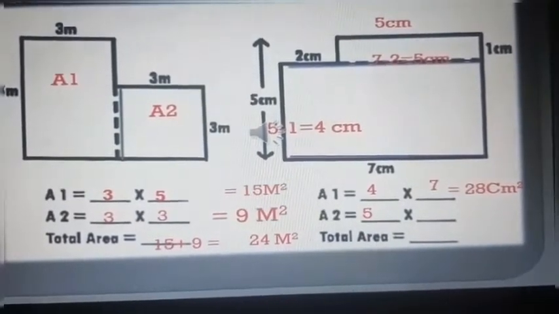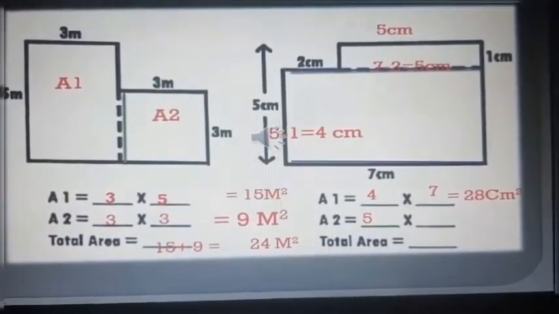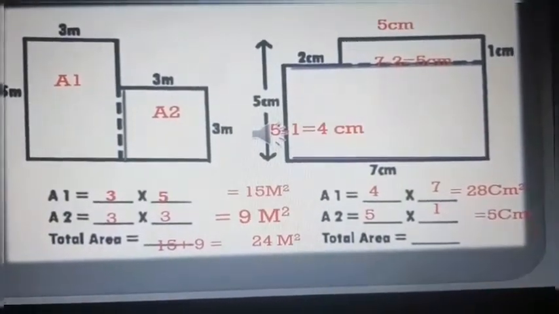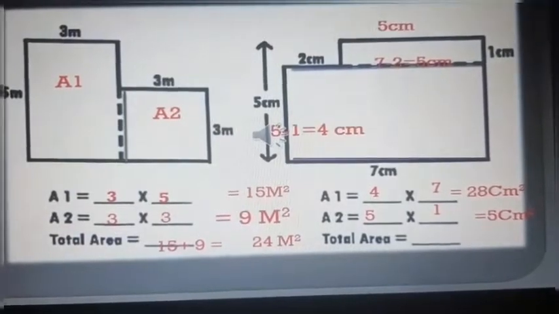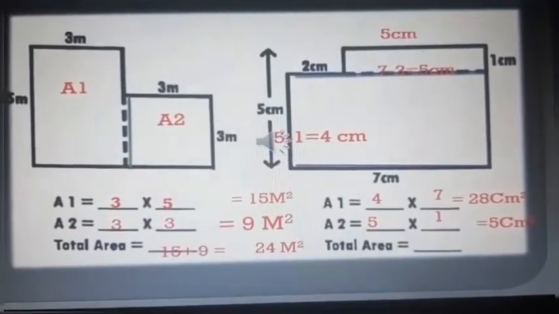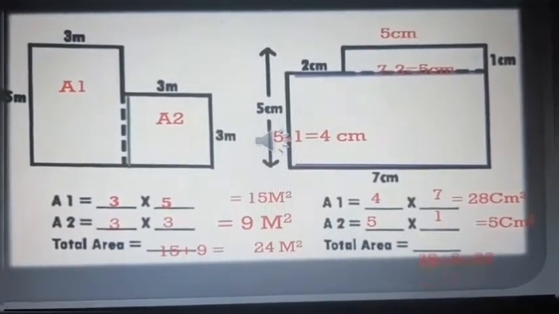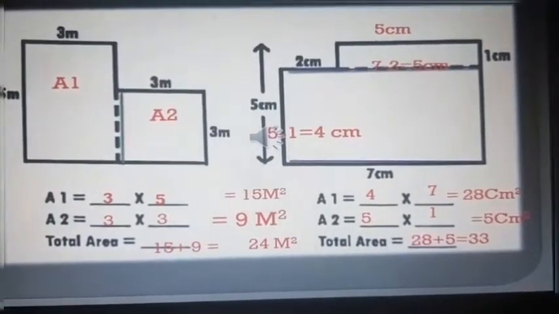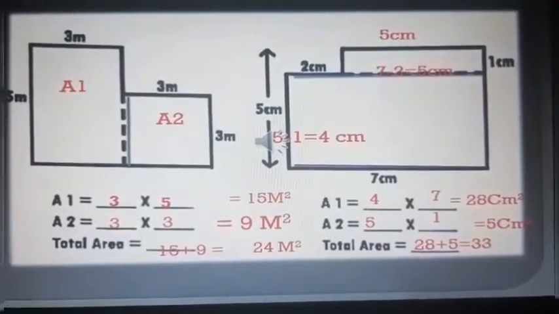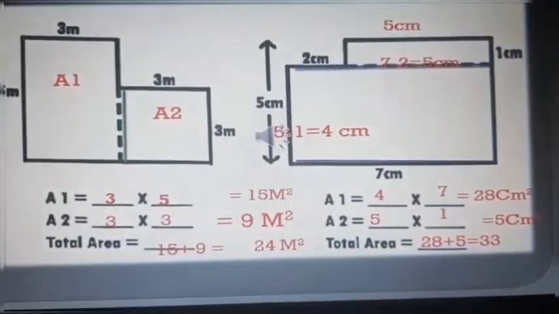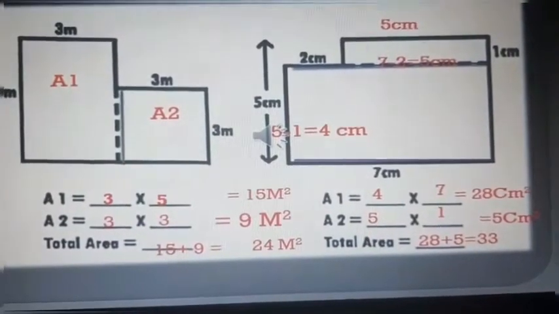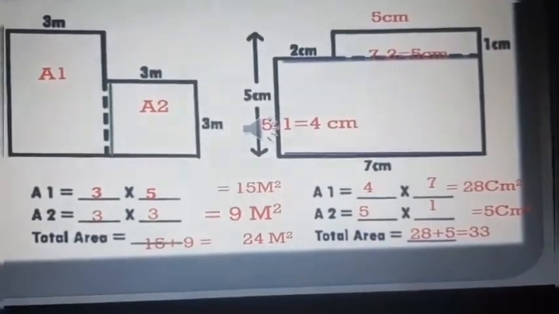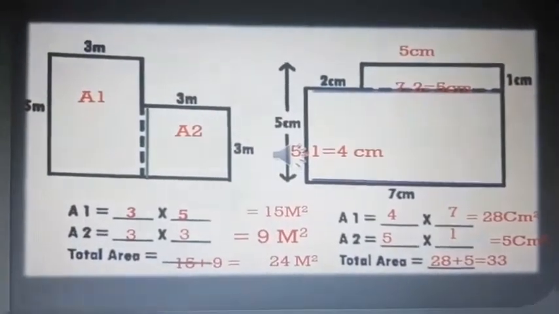For area number 2, the 2 dimensions are 5 and 1, so multiplying them equals 5 centimeters squared. For the total area, I add the 2 areas: 28 plus 5 equals 33. And don't forget the unit of this problem. Here the unit is centimeters, so the total area equals 33 centimeters squared.